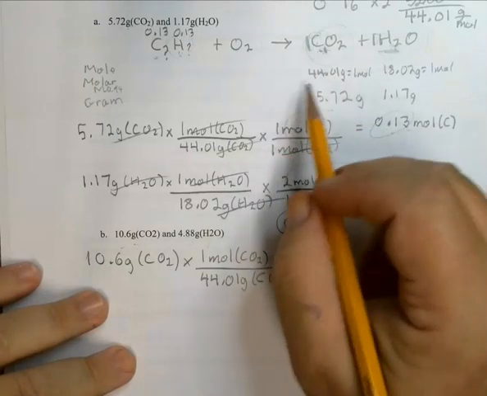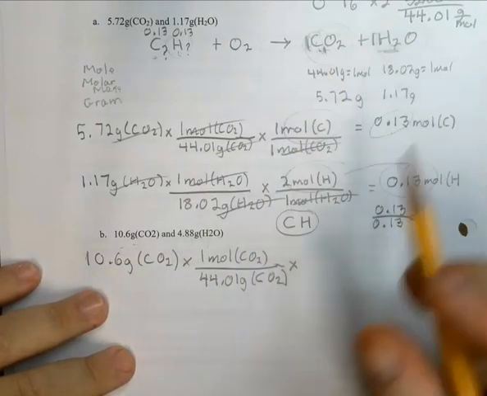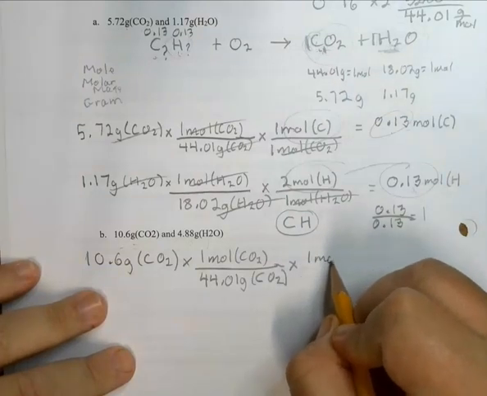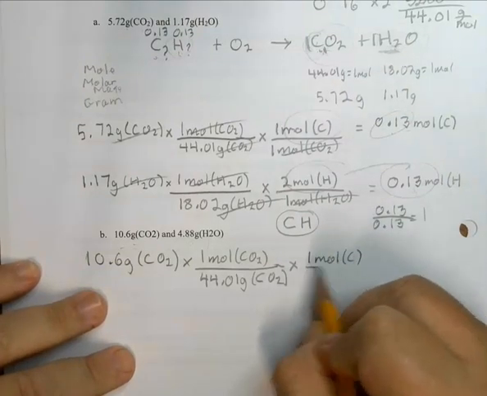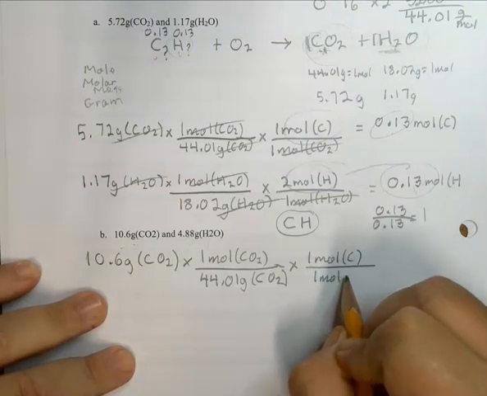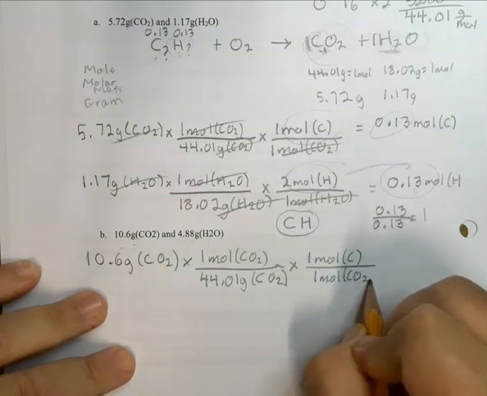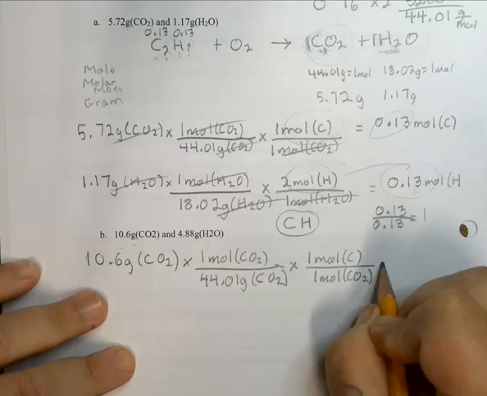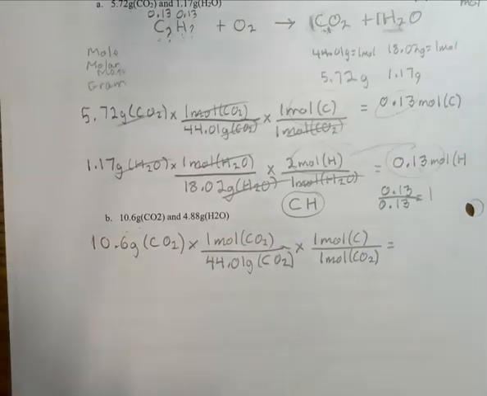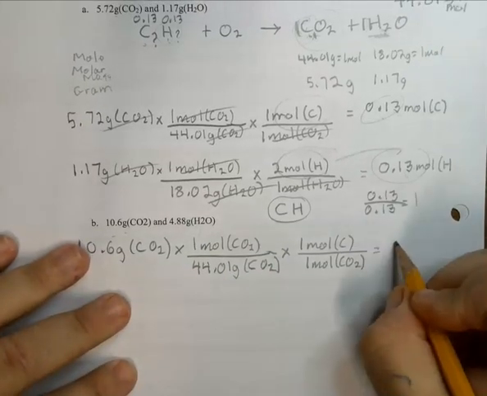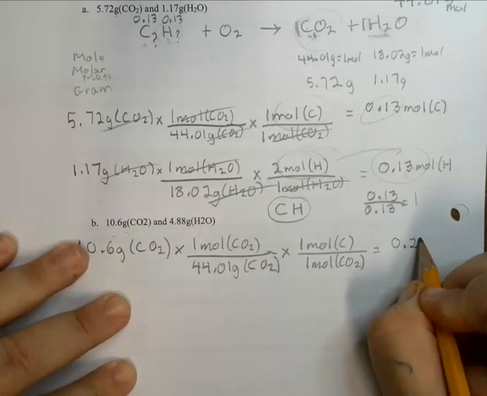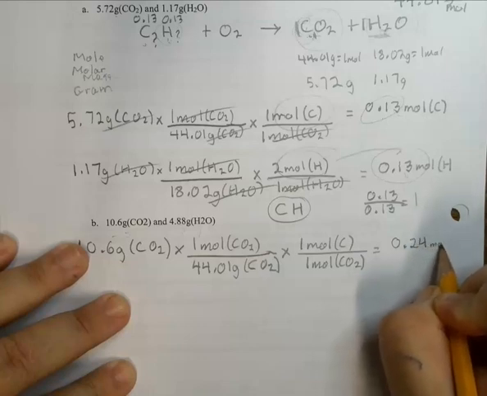Nothing's really changed from the previous problem except the number of grams. So 1 mole of carbon for every 1 mole of CO2. And our answer is going to be 10.6 divided by the molar mass, and that's 0.24 moles of carbon.